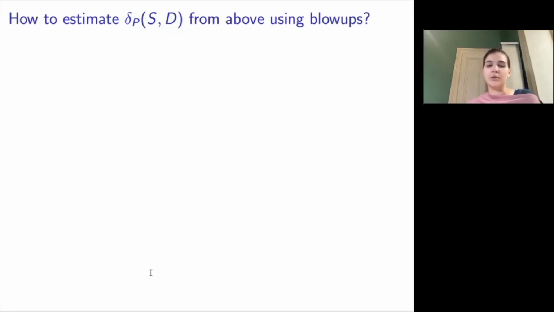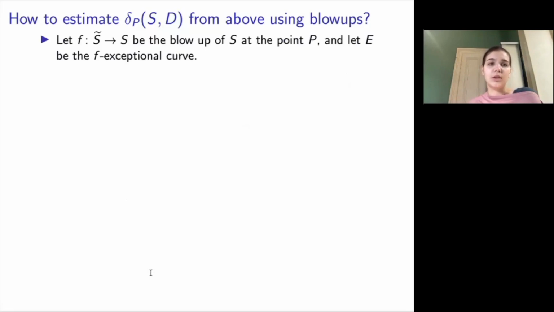But sometimes there is no such negative curve C which contains a point P. So we are still interested in how to estimate this local delta invariant. Now we can also try to use blow-ups in order to do that.